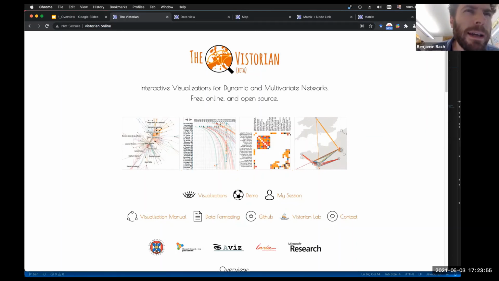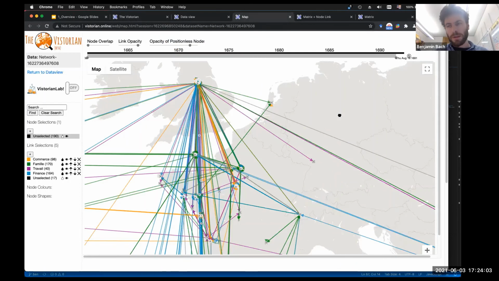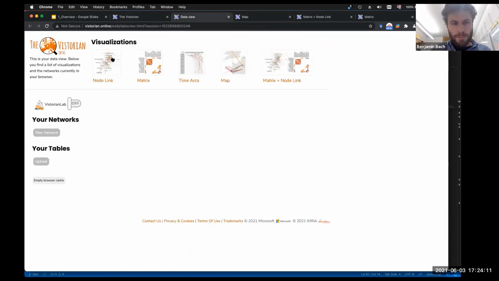Is there a way to download SVG graphics? Yes, it is kind of possible. The problem is that it's something that we honestly gave up on. Well, I should say yes and no. For these two visualizations, it is possible. For these two, it is not possible.